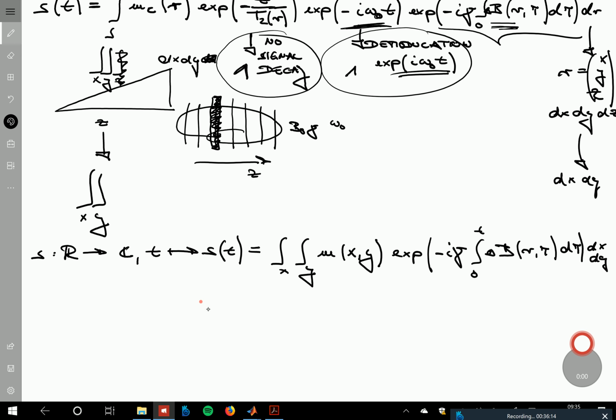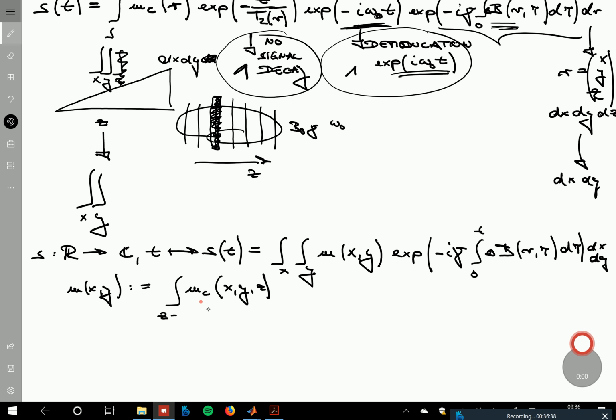Now our Mxy is our complex initial condition, which was a function of r, so more explicitly of x, y, and z, integrated over this part of space that we are interested in.